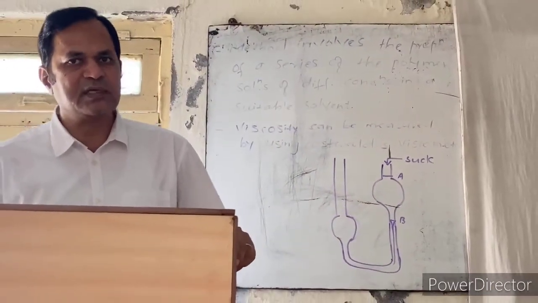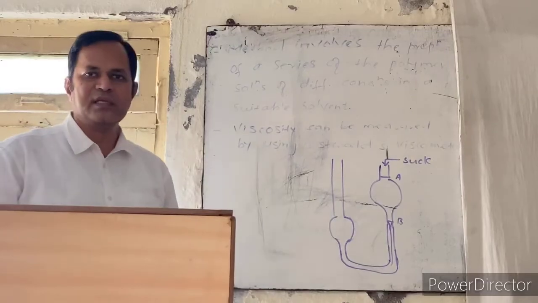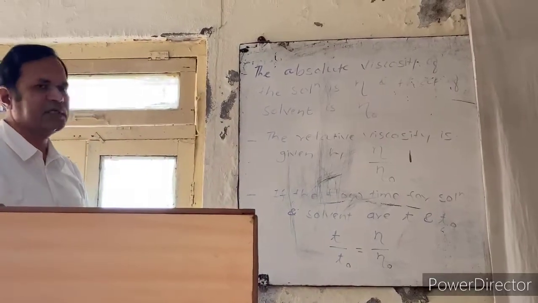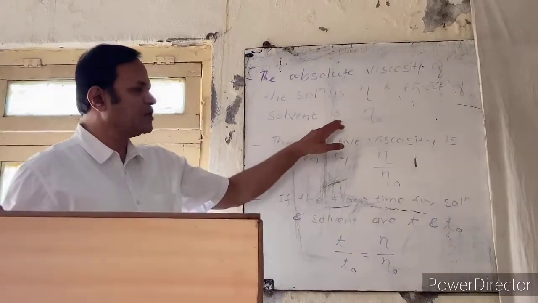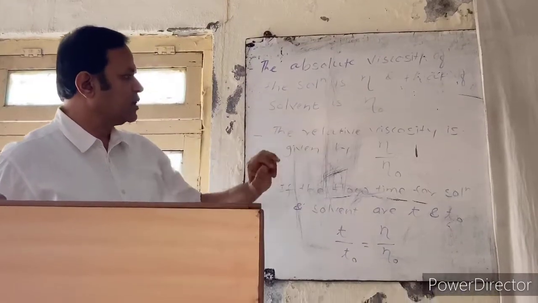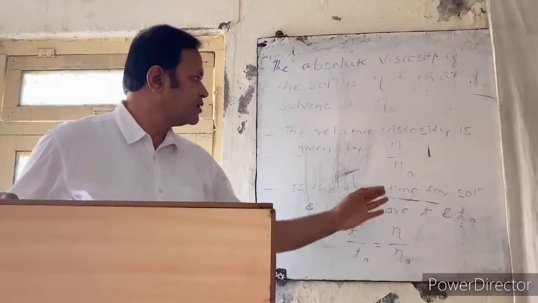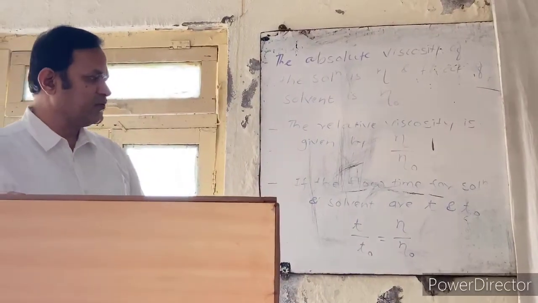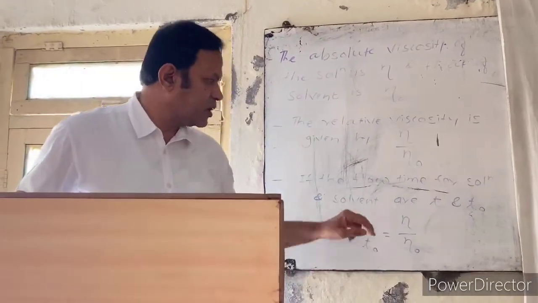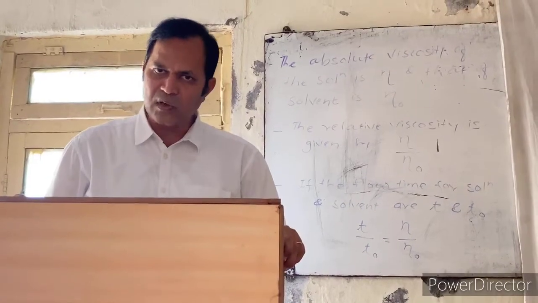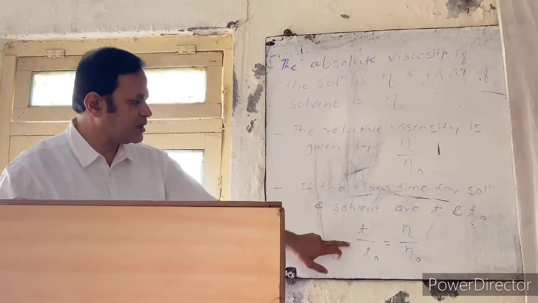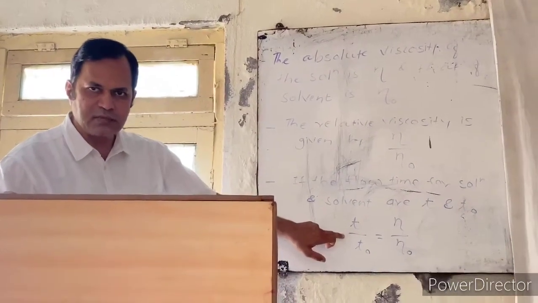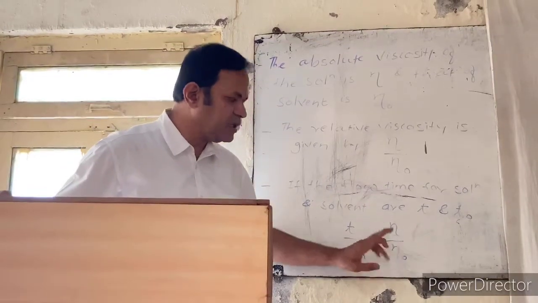Based on that time, we can calculate the viscosity. The viscosity of the solution is eta and that of the solvent is eta naught. The relative viscosity is given by the ratio eta by eta naught. If the flow times for the solution and solvent are t and t naught, then t by t naught is equal to eta by eta naught.